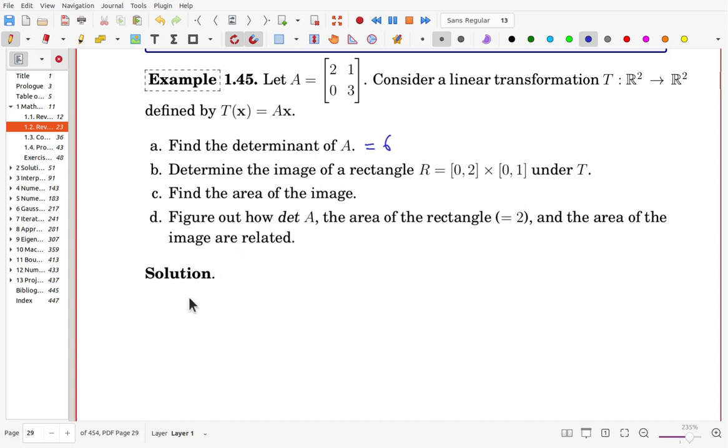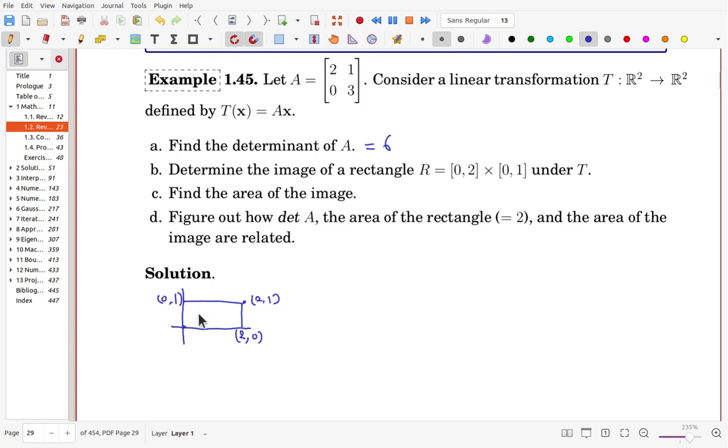Okay, let's try to get the image of the rectangle. The original rectangle is given here, and the length is 2 and the height is 1. This position is x equals 2, y equals 0. That position is x equals 2 and y equals 1. And this one is x equals 0 and y equals 1, right?